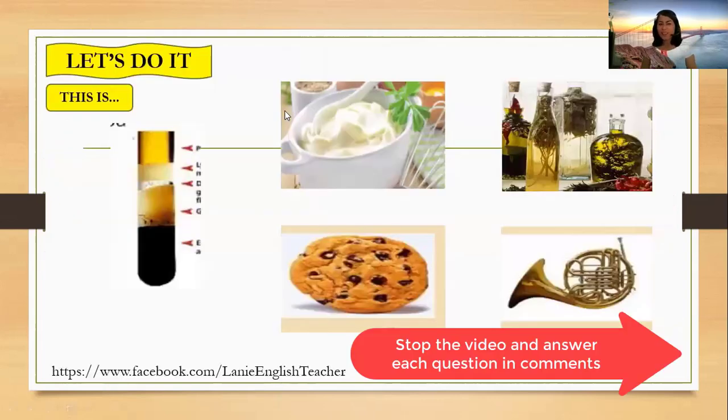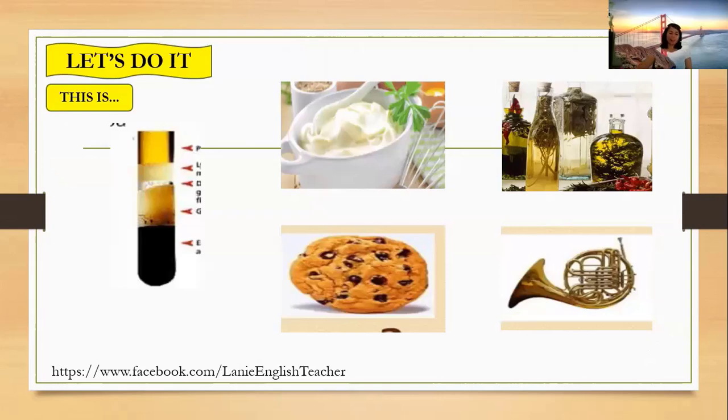Now, let's do it. I'll give you 5 minutes to think of the correct answer for each question as they appear on your screen. All right, so first picture, this is heterogeneous.